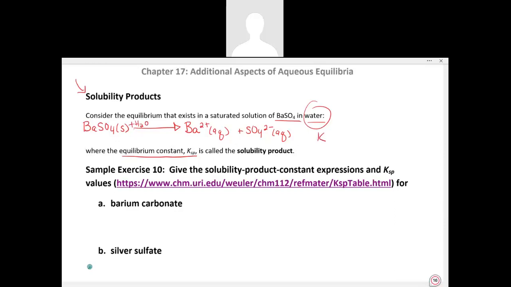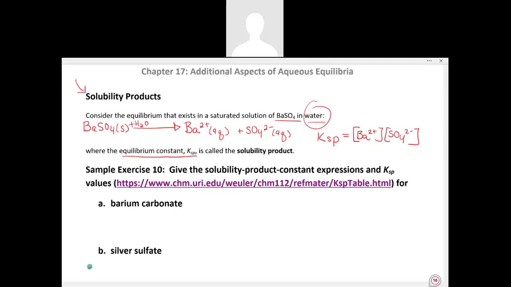So our equilibrium expression will not have a denominator, and we call this the solubility product equilibrium constant, or Ksp, and this would be the concentration of our product, Ba2+, times the concentration of our sulfate, SO4 2-. And again, we don't include any reactant in our denominator here because it's a solid. So only the aqueous will be considered for this example.